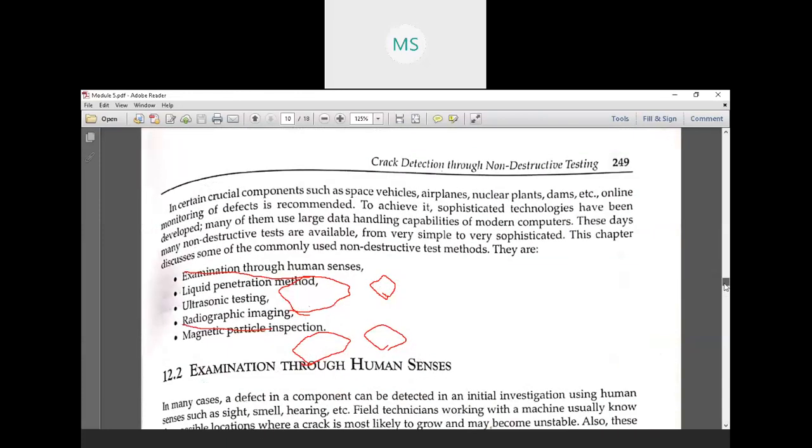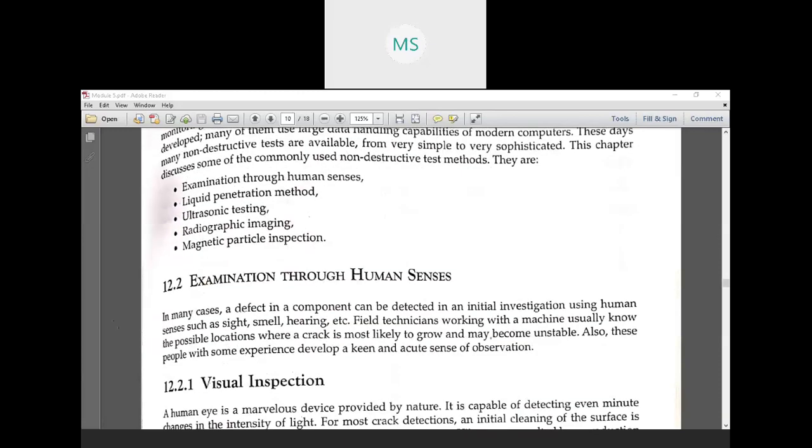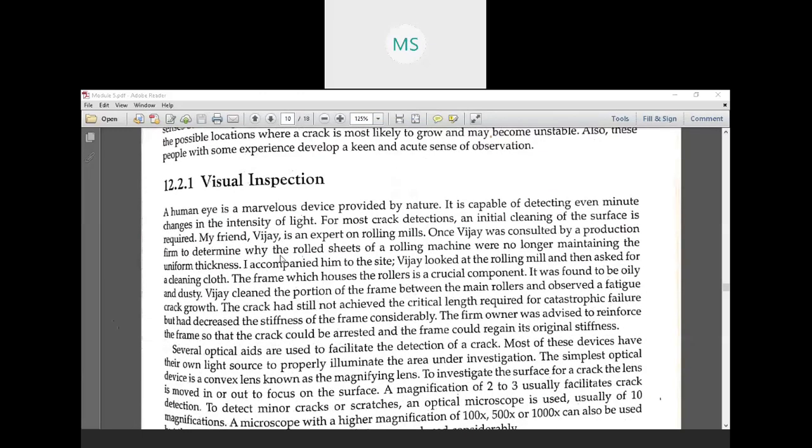We have done the lecture today on the topic of crack detection. In crack detection, we have done the examination through the human senses. The first thing I have covered is examination through the human senses. First one is visual inspection.